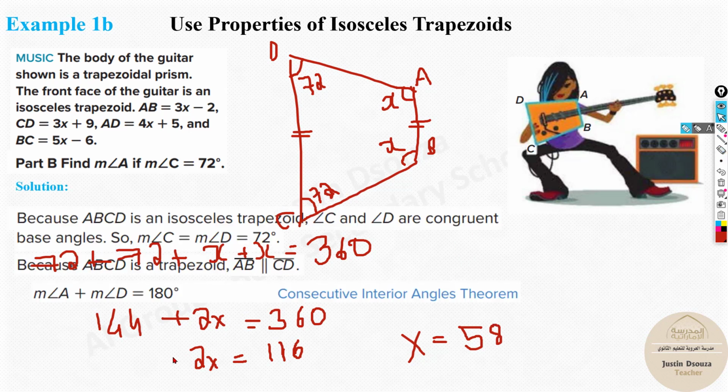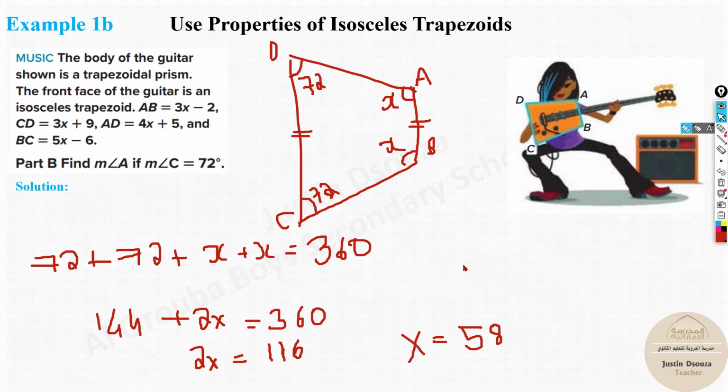What's the mistake I did? Use a calculator, this is the best thing I would suggest. Don't do like me. Over here it is 216, and 216 divided by 2 would be 108. My bad. So that's the answer.